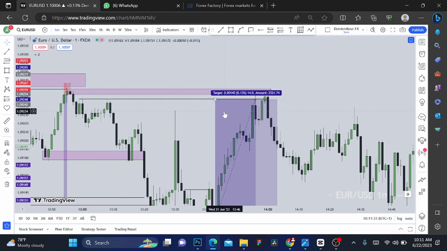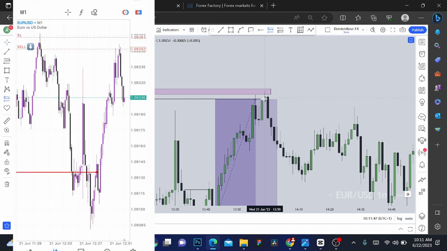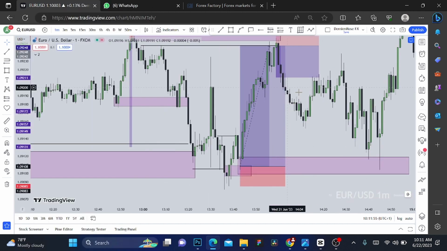All these are inducement highs into this valid POI, a valid order block. So for sure, a reaction should happen right there. There should be a proper reaction, and we took that shot too. We took the shot right there. So this was another nice entry one could have capitalized on.